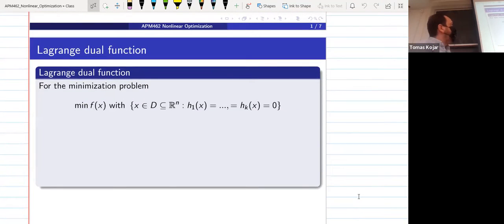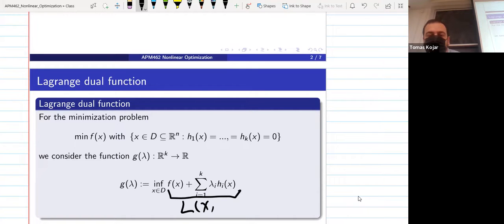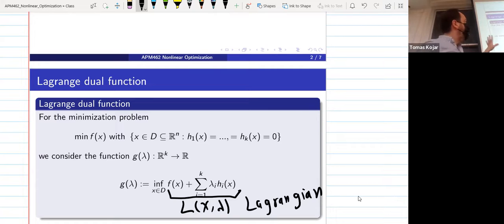We start with the minimization problem with constraints, right? This is our setting. And we are going to consider this function, g of lambda, and this guy, if you Google it, is called the Lagrangian. So we're going to move from studying the minimum of f of x to the maximum of g of lambda.